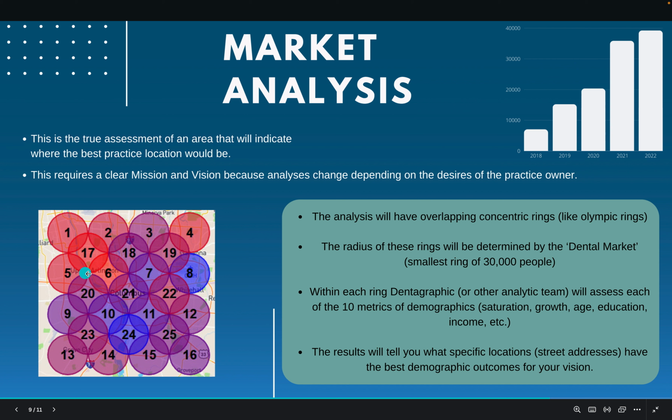So you can see in this radius of number 17, it has the best area for practice because it's the darkest red, it's the most vibrant. So that's the Dentographics model. Now, other demographic and analytic companies might use different ways of indicating where you should go, but that's the general idea behind it, right? You go grid by grid on a map and just keep analyzing until you find the best match for what kind of practice you want to build. And then okay, I need to build my practice over there in that location.